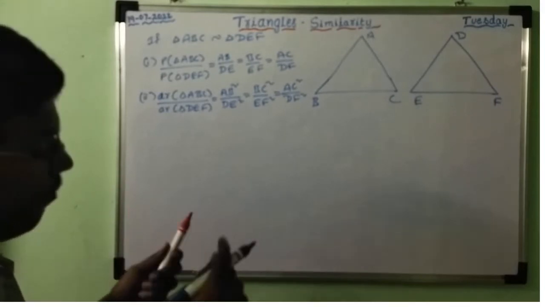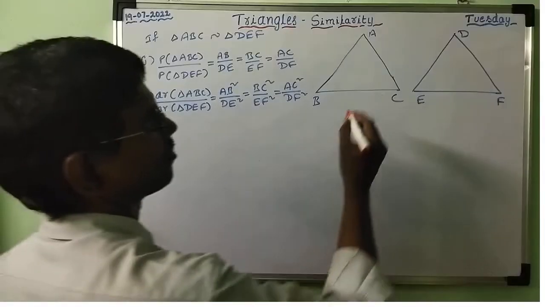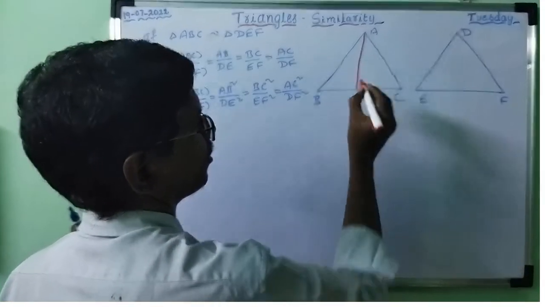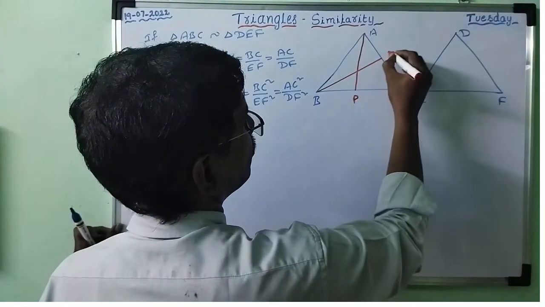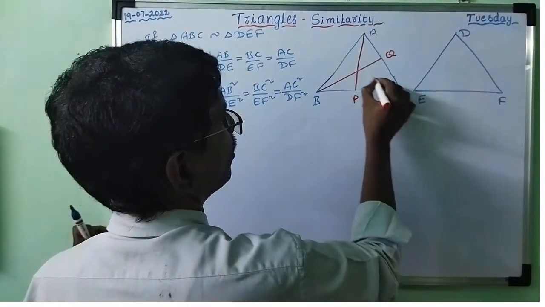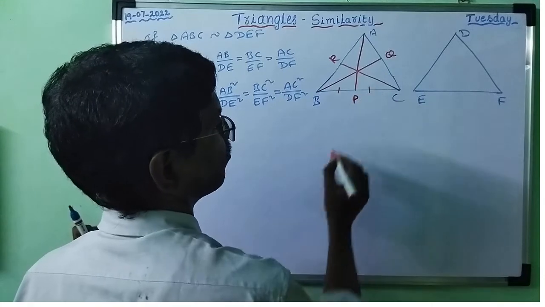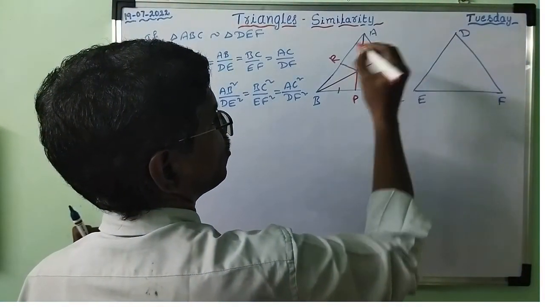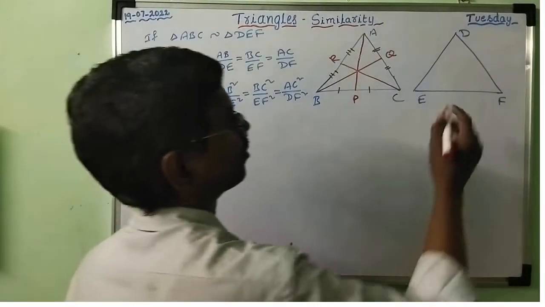Not only this, if there is a median, altitude and angular bisectors. If there is a median, this time I am drawing the medians. They are P, Q and R. That means AP is the median, P is the midpoint of BC, and BQ is median, Q is midpoint, and R is the midpoint of AB, and here also.